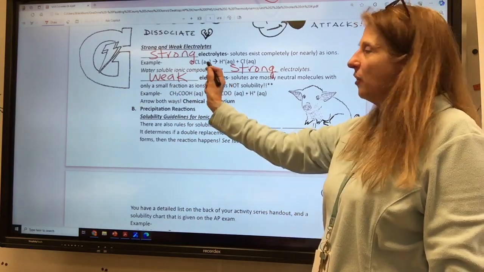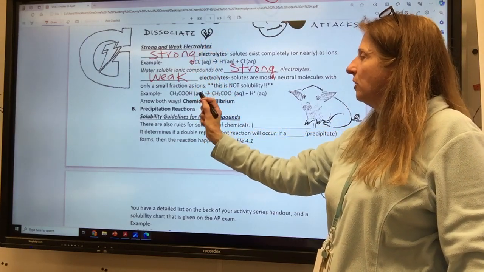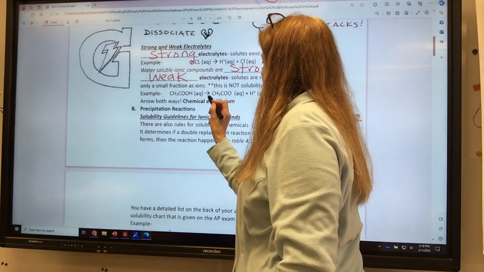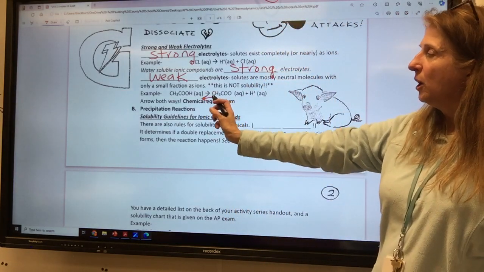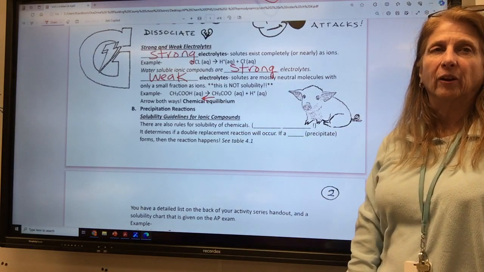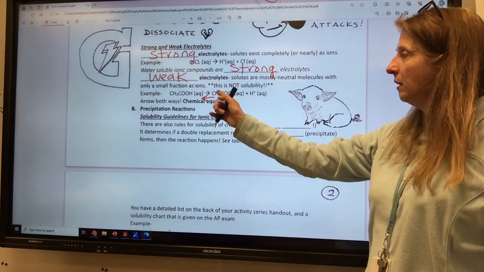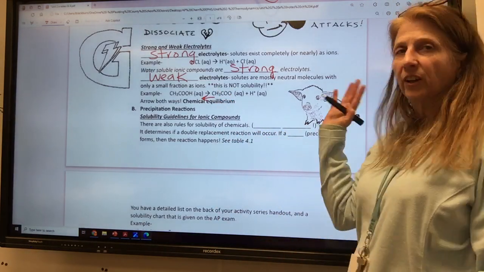It's just, do they break apart completely when they dissolve, or are some of them still together? And some of them are still together. It's at equilibrium. You need to draw your arrow both ways. Word doesn't let me do arrows like that, so we just draw them in. Okay, we feeling good about that?